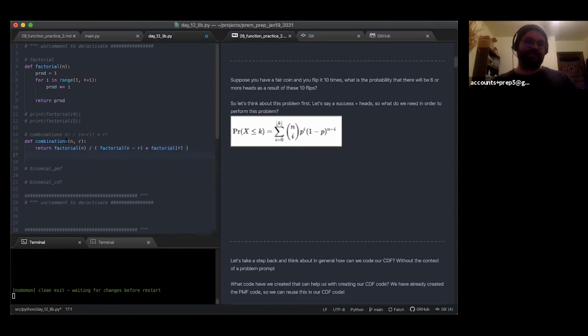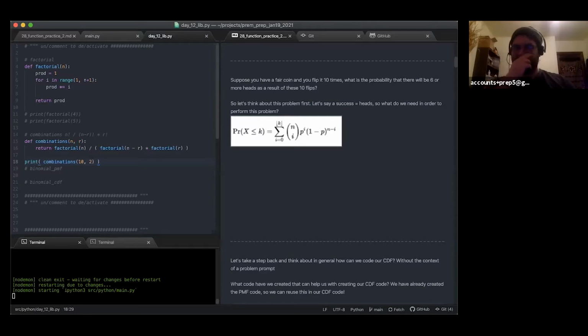Cool. And let's just test that real quick. Print combinations, and I know from memory that if I get combinations of groups of 2 out of 10 objects, I should get, I think, 45.